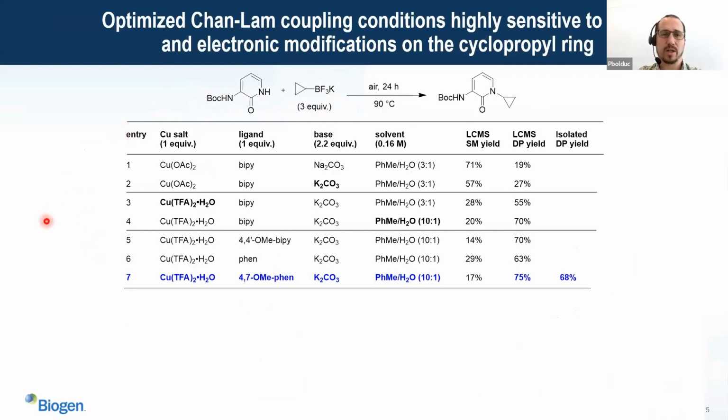I'm not going to talk about all the different conditions here. I'll just point out line 7, in light of time, as what ended up being the better conditions to obtain this product. This was a really good optimization campaign where we were able to isolate on average about 68% yield of this building block.